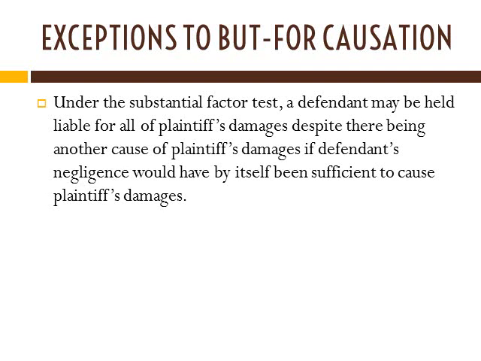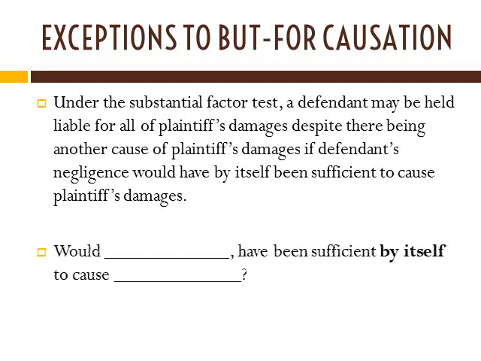So would that fire alone, if the second defendant hadn't started a fire, would the first defendant's fire have been enough by itself to cause the harm? If it is, then you can establish cause and fact through this.